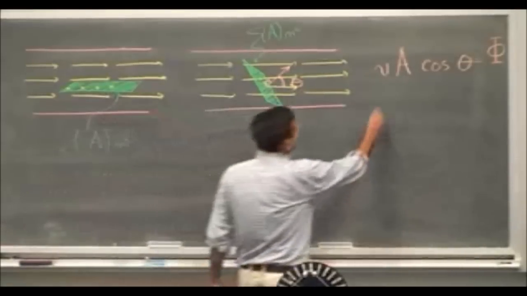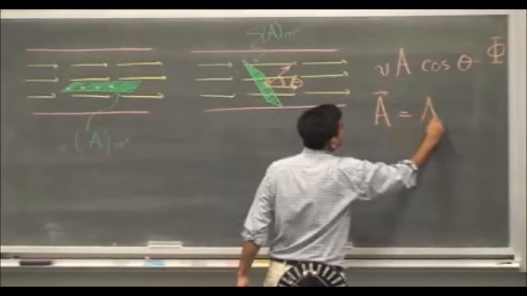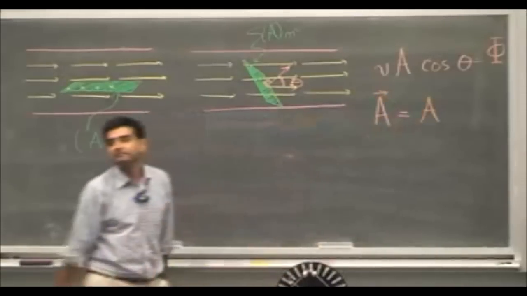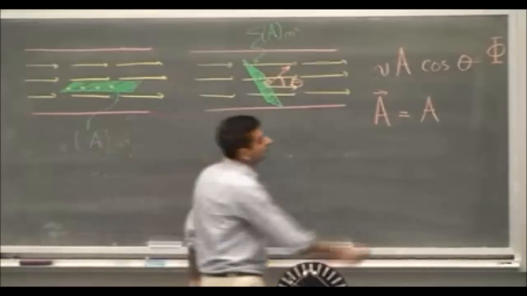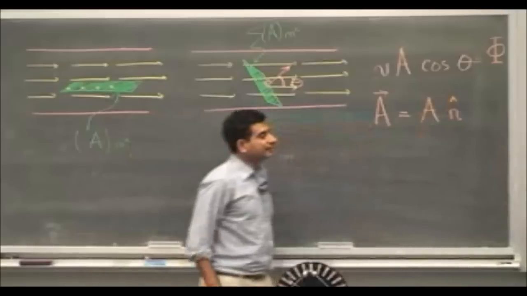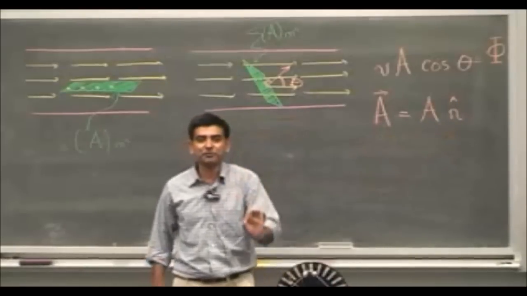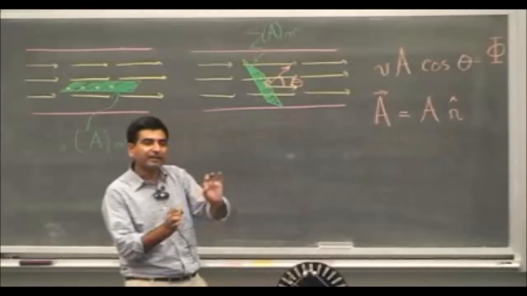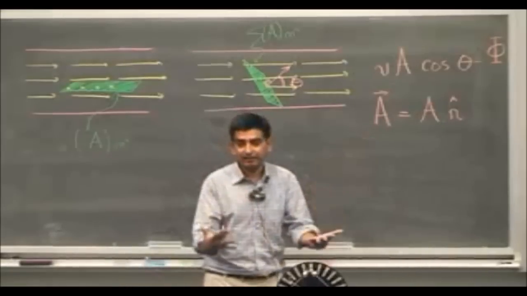So if I take the area vector, I can define its magnitude to simply be the area of the plane, and I can define a unit normal to the surface, say n hat. Now this n hat has magnitude 1 and is just pointing normal to the surface. So I have defined an area vector.